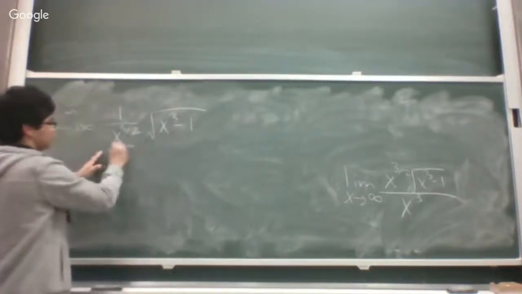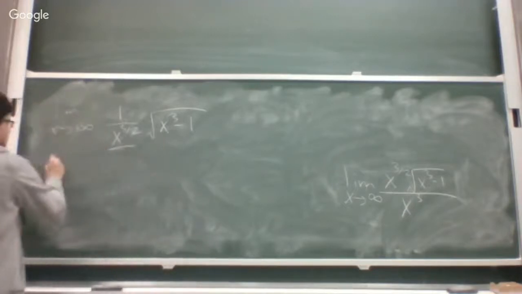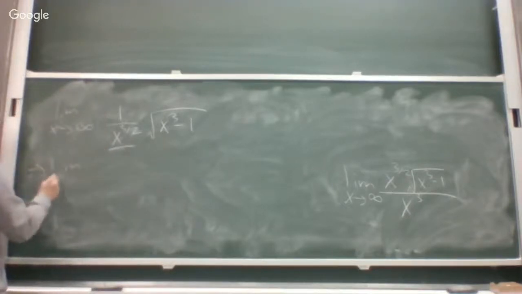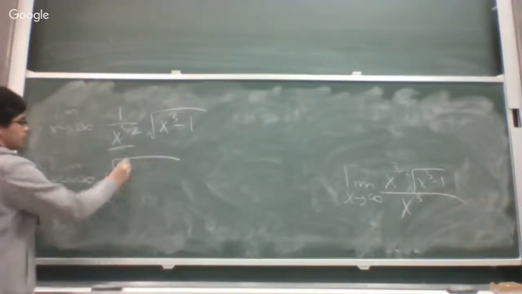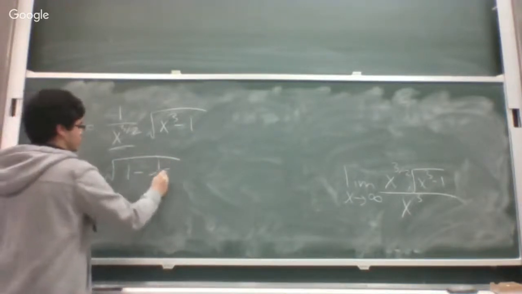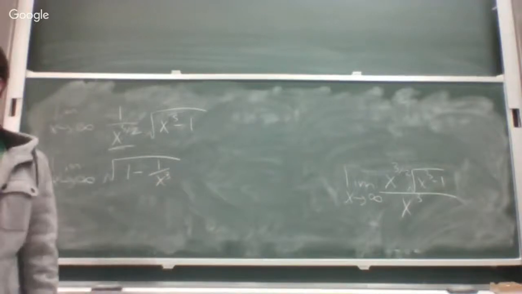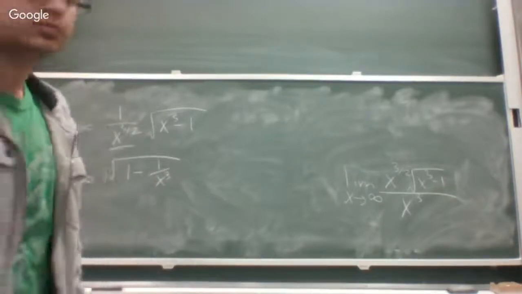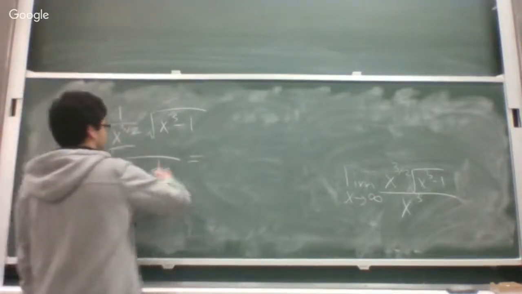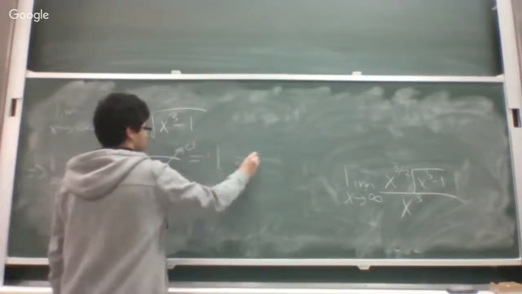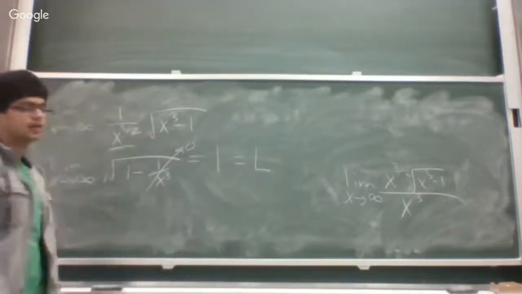We bring this inside, and we are left with 1 minus 1 over x cubed. And this, as x goes to infinity, equals 1, which is equal to L.